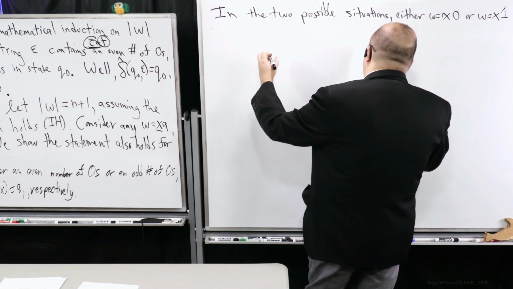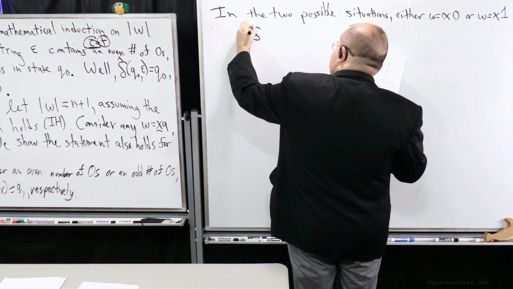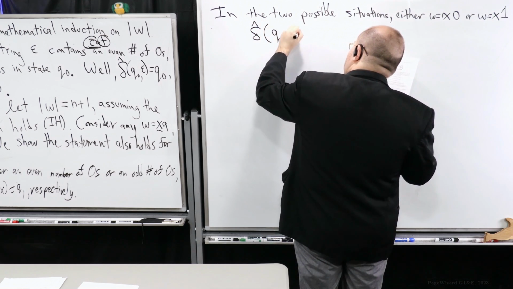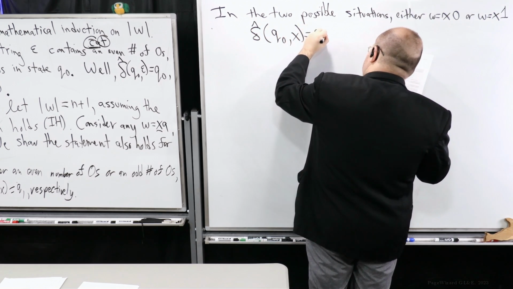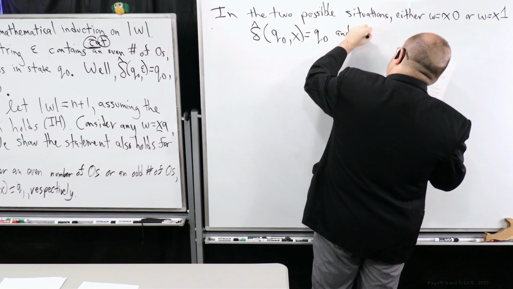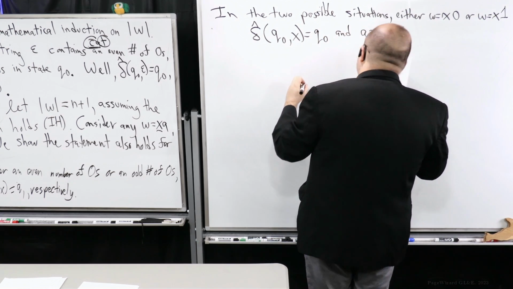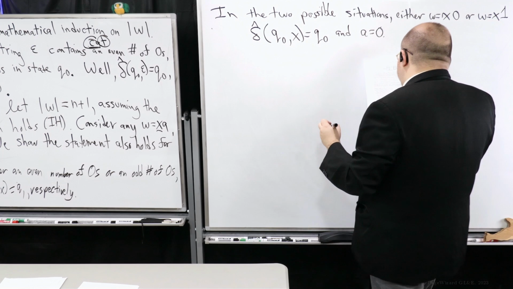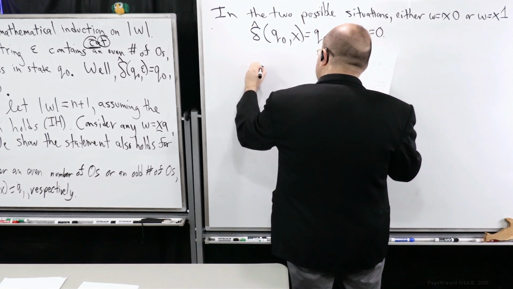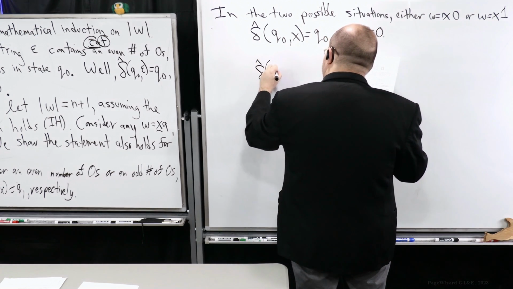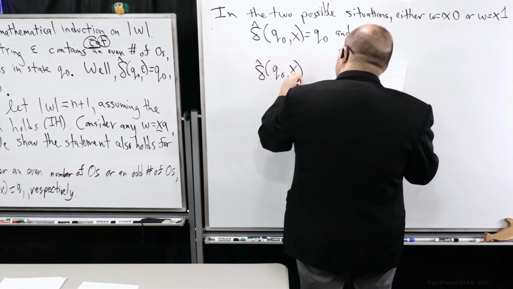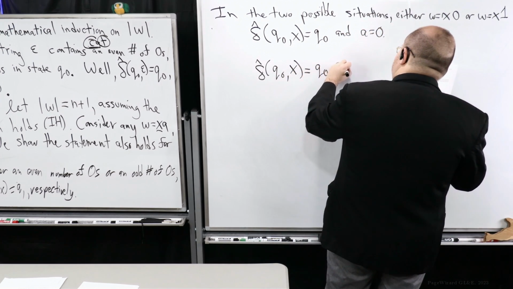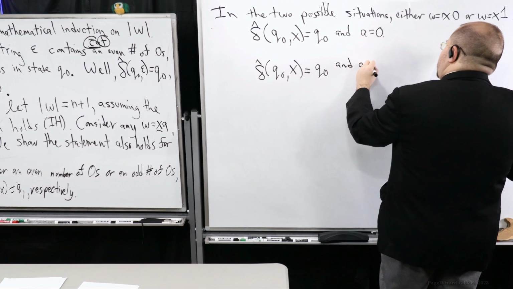So 4 in total. The first one is going to be delta hat of Q0 on X is equal to Q0 and A is equal to 0. So that's the first one. And then there's going to be another possibility, right? This is the only other possibility that can happen for when I end up in Q0 upon reading X, is I read a 1.